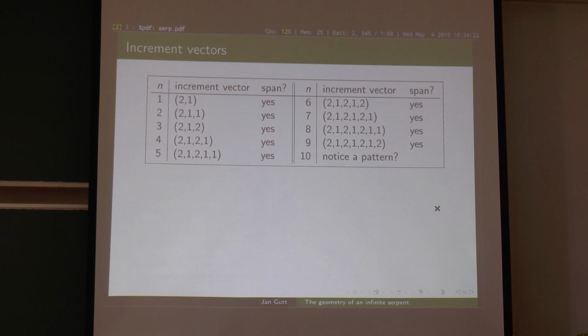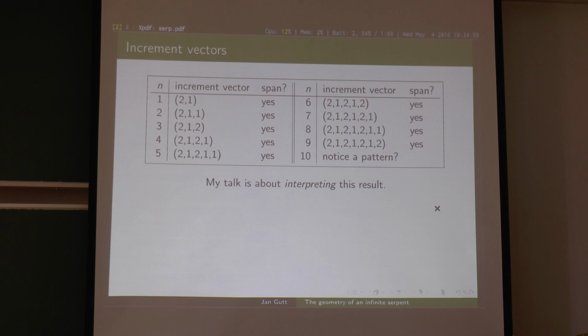Why does the increment vector for a snake of length which is a multiple of 3 look this way, and not for snakes whose lengths are not a multiple of 3? There are many questions here, and this is not at all obvious if you think about it. So this entire talk is about interpreting this result. Unfortunately, the problem with this talk is that the main point is a conjecture that I have been unable to prove for more than a year now.